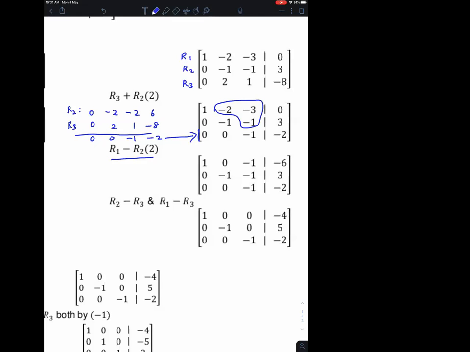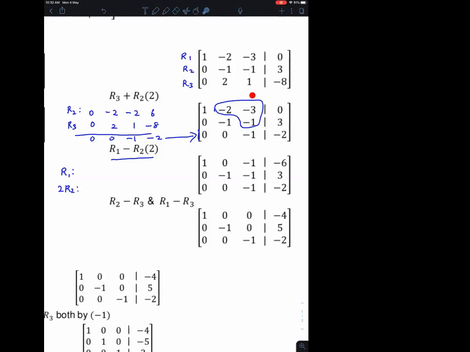So row 1 is 1, -2, -3, 0. Sorry, so when I'm writing this, I have to look at this row here.